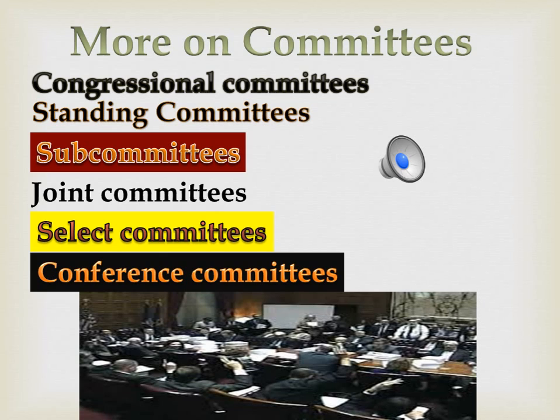Okay, so we're going to move on to the subcommittees, which are just bills could be even passed on to a subcommittee, as we noticed in our chart in the prior page. Subcommittees are even a more centralized, focused committee that works even more intensively on a bill and exploring the topic more thoroughly.